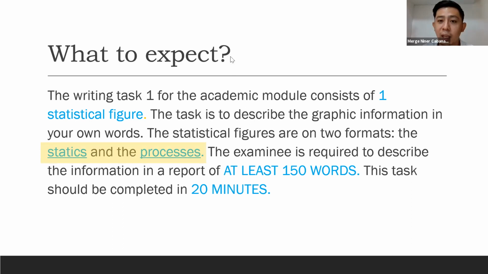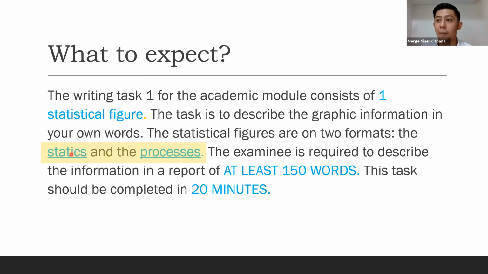Now, when you say static, they are your statistical report, which consists of line graph, bar graph, table, and pie chart. So for you to understand better what statics are, what processes are, what is task 1 in general, I have a lecture which was conducted last week.